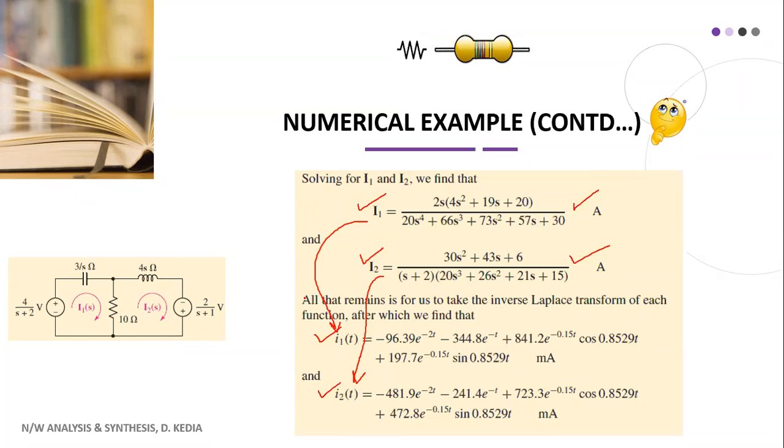Dear students, if we had solved the same question using time domain or transient analysis, things would have been so difficult. Whereas with Laplace transform in this circuit, things have become so easy. It is simple mesh analysis. Our inductor and capacitor have all become simple resistive elements after applying Laplace transform. Fine.